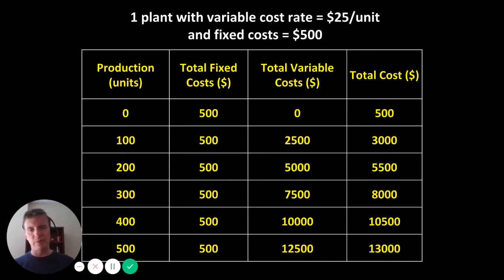So 0 plus 500 is $500. In the second row, we're again going to add total fixed costs of $500 to our total variable cost of $2,500. So we get $3,000, and so forth and so on. So each row, the total cost is equal to total fixed costs, $500 in every case, plus total variable costs, which changes depending on the units of production.